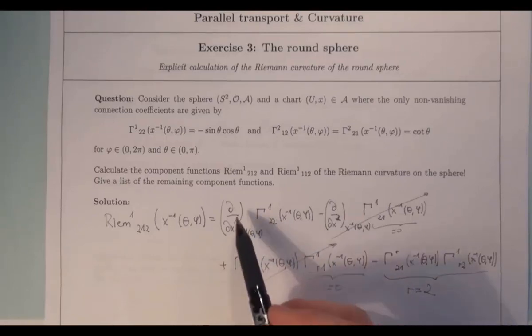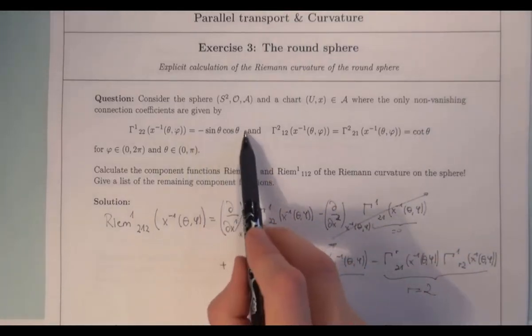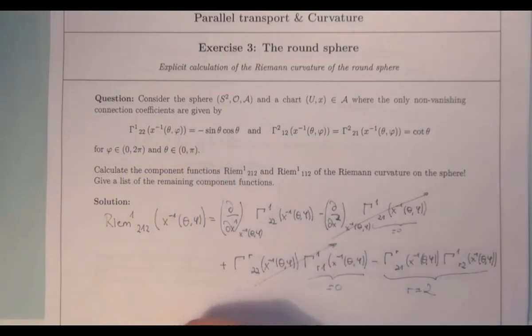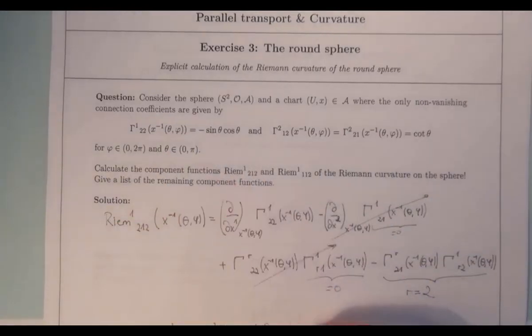Well, this is basically the derivative. So what we get is we have to derive this expression here with respect to the first entry. So this is minus cosine squared theta plus sine squared theta, and from here we get a minus gamma 2, 2, 1, which is the cotangent theta, and gamma 1, 2, 2 is minus sine theta cosine theta, so that gets a plus here.